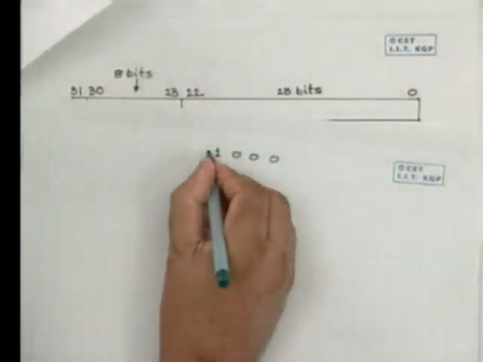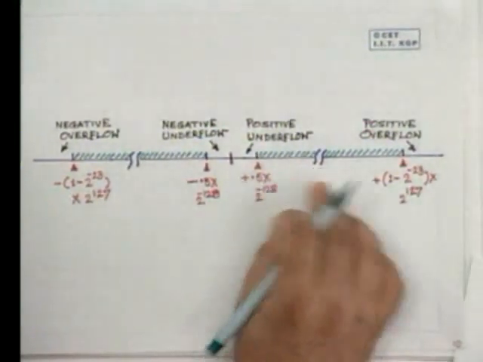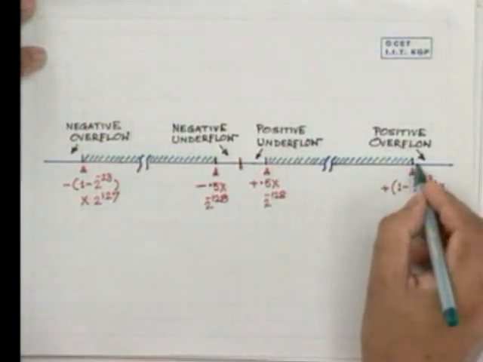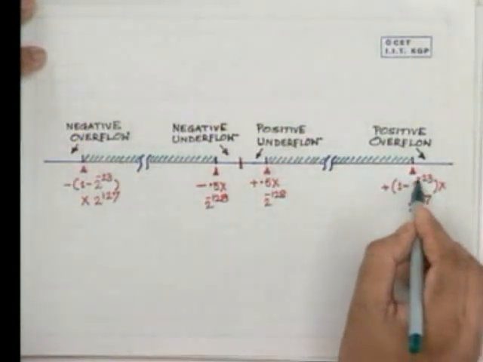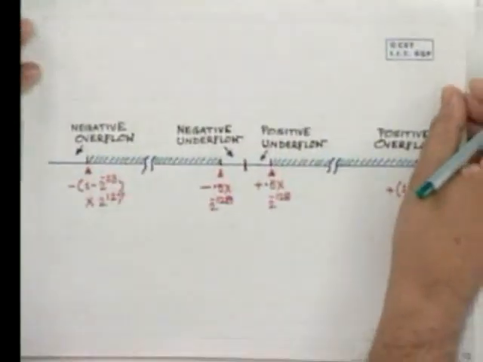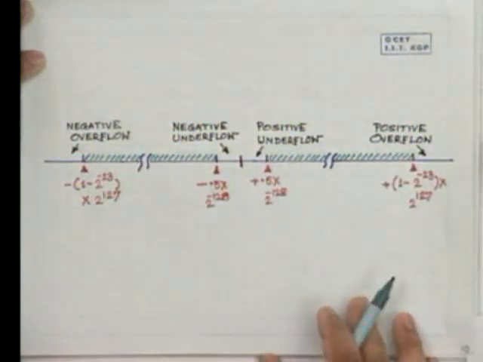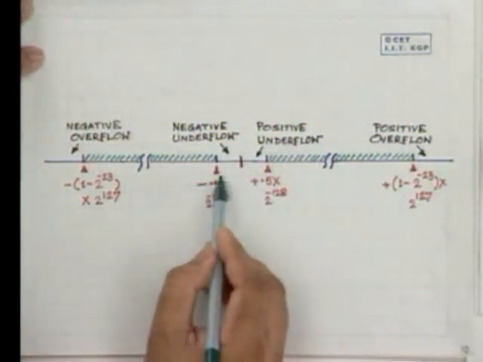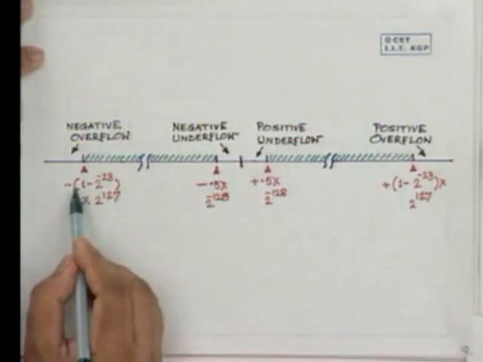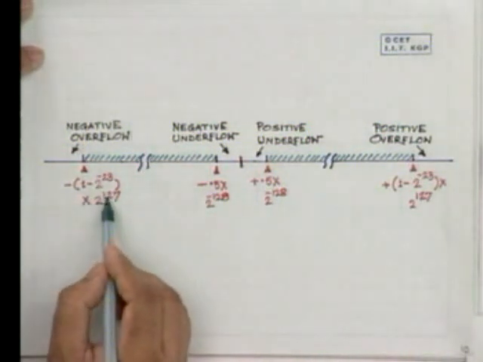That means the binary point is here, and this number is 0.5 times 2 to the power minus 128. Similarly, this number is 1 minus 2 to the power minus 23, because this is of 23 bits, times 2 to the power 127. That is the range we can represent on the positive side. Similarly, on the negative side, we can represent minus 0.5 into 2 to the power minus 128 to minus 1 minus 2 to the power minus 23 into 2 to the power 127.